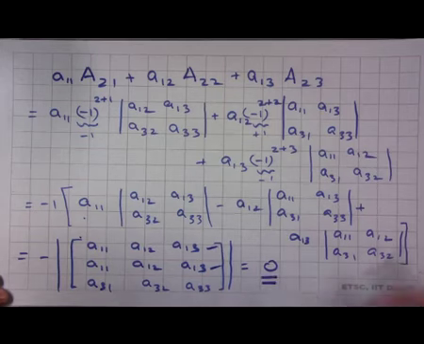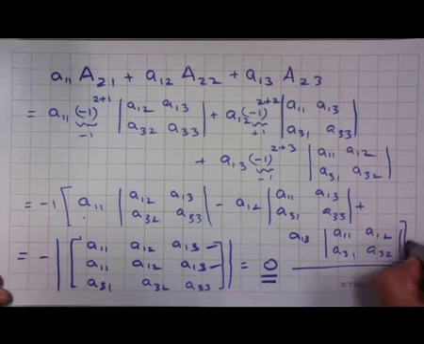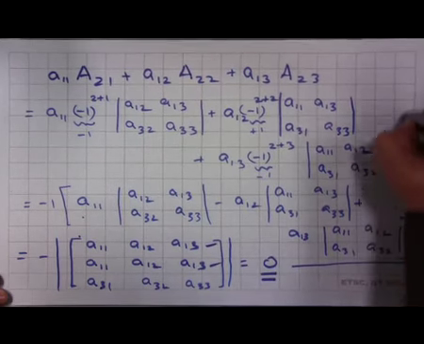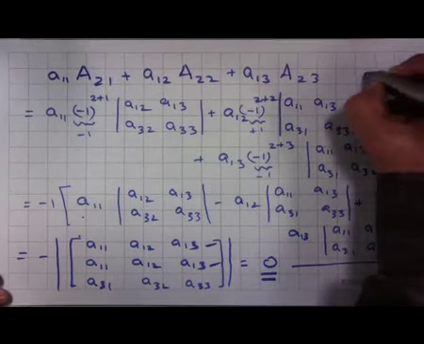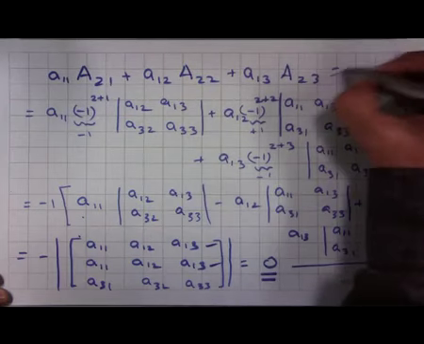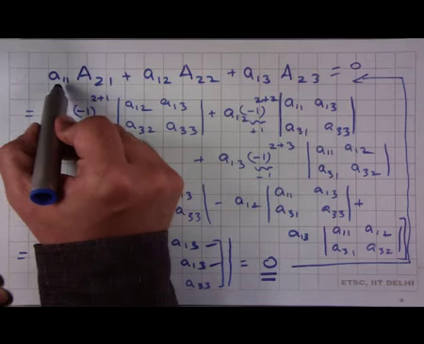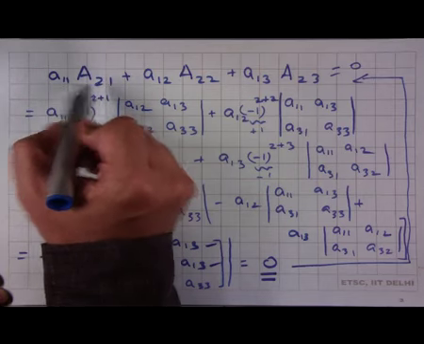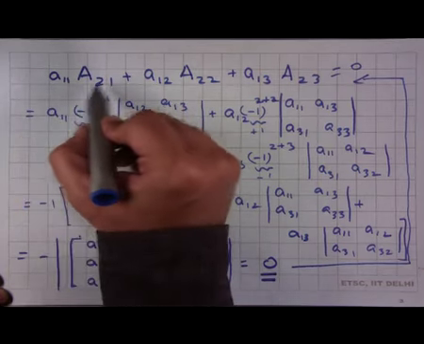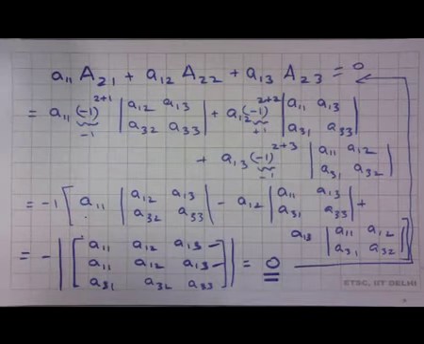So, therefore, what this is telling us, if I can just draw this big arrow here, is that for evaluating a product of the entries of a row and multiplying them with the cofactors of another row, the value of that sum is going to be 0.